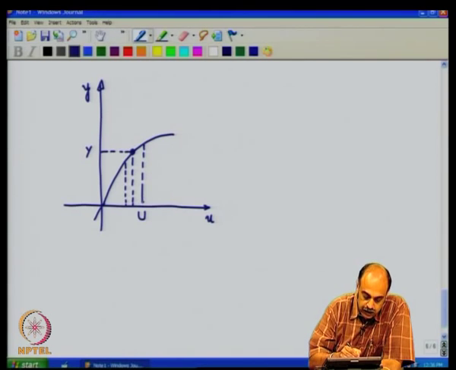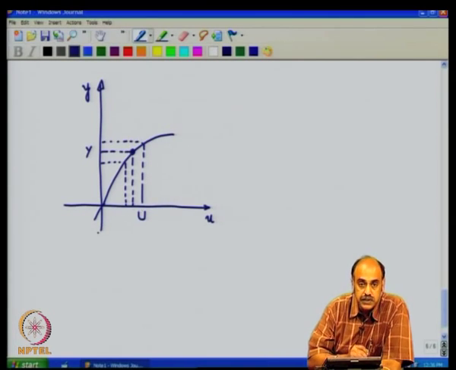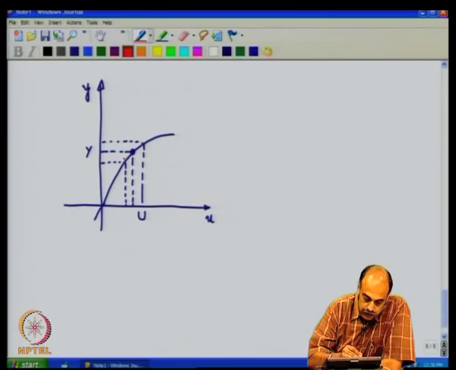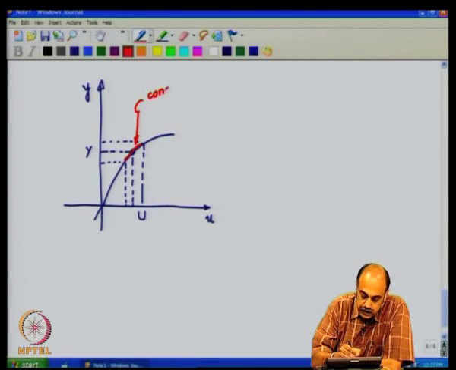We take a small portion such as this, for deviations of U and expected deviations of Y. We have a small segment of the transfer curve, and this segment of the transfer curve can be considered as linear.